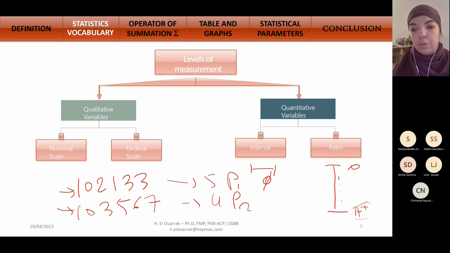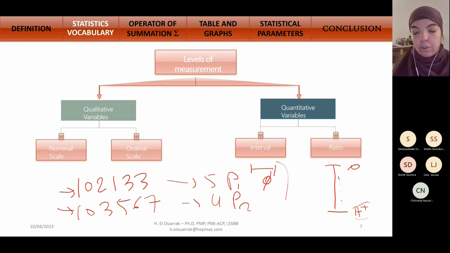Mostly we will be working with ratios, because those are the ones that make sense to do comparisons with. But that doesn't mean that we can't do analysis on intervals as well. We just need to be mindful that in intervals, the 0 doesn't necessarily mean 0.